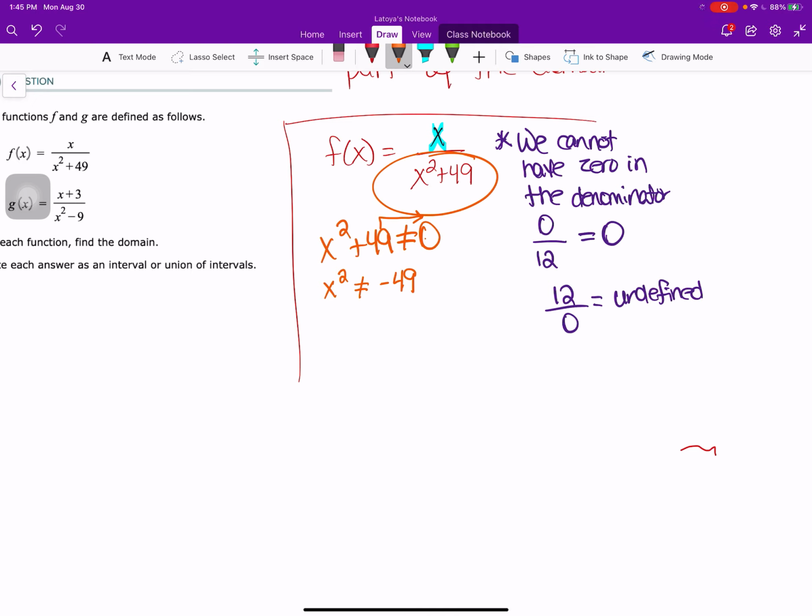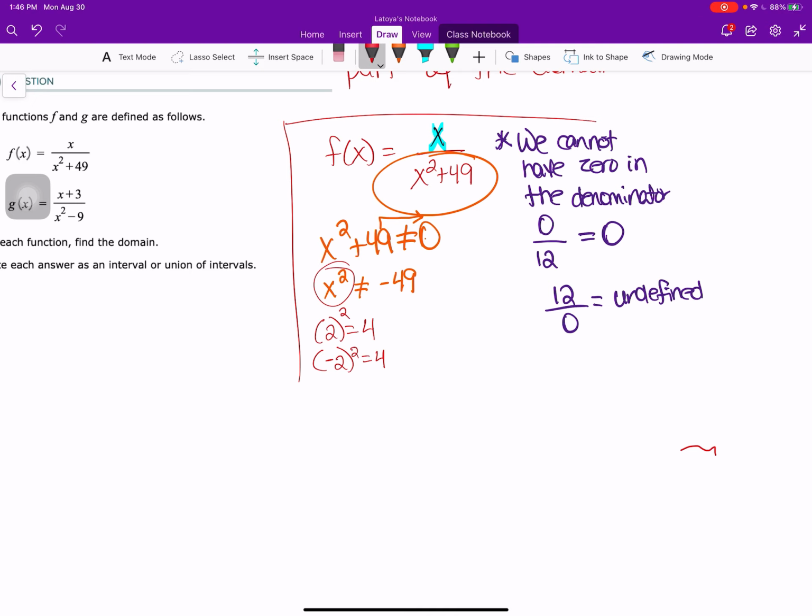This is where we have to think logically just a bit. Think about what happens when you square a number. If I were to square the number 2, 2 squared equals 4. If I were to square negative 2, negative 2 squared equals a positive 4.